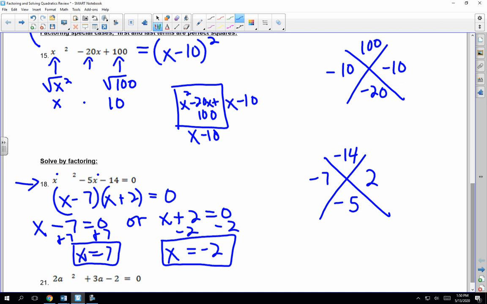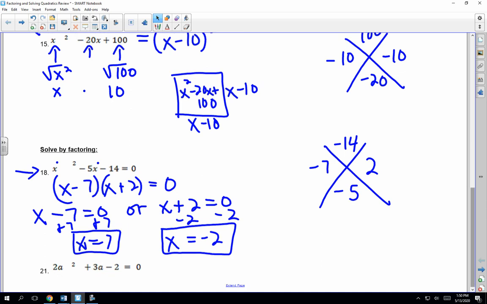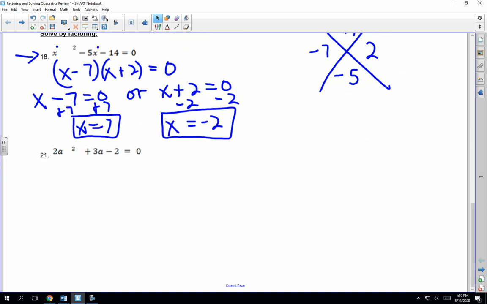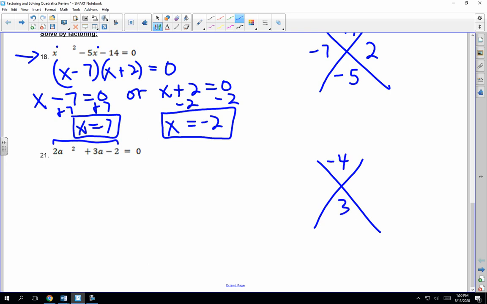Okay. All right, the last one on here is just a slightly more difficult factoring problem. We're looking for factors of, remember it's a times c, -4, that add to equal 3. And they are +4 and -1.